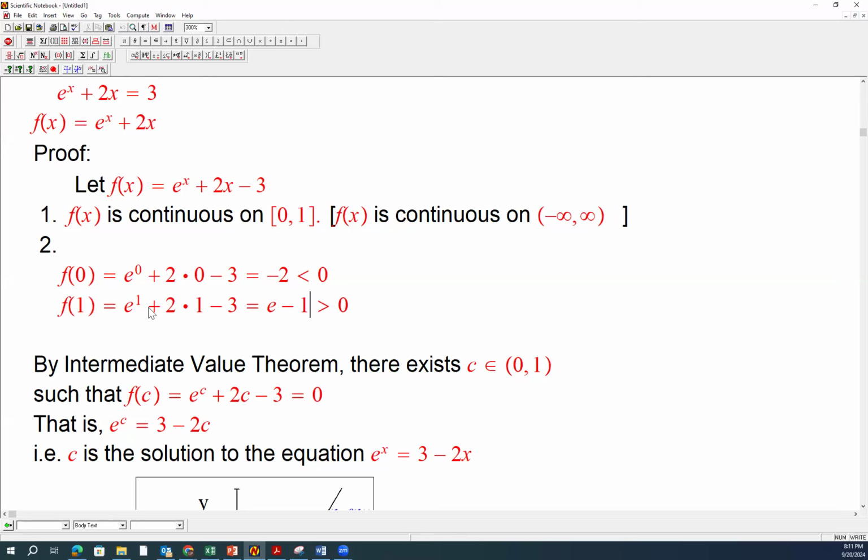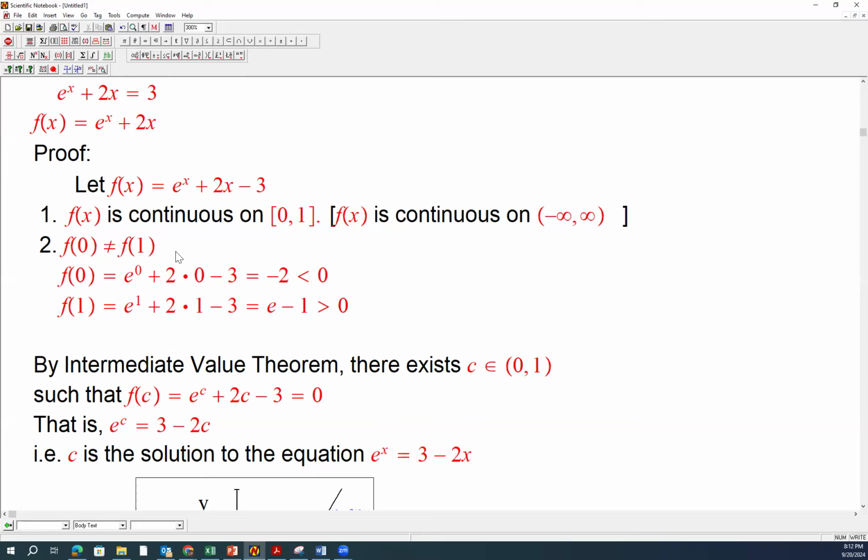We have shown f of a and f of b are different. So you can mention f of 0 and f of 1 are different, not equal.